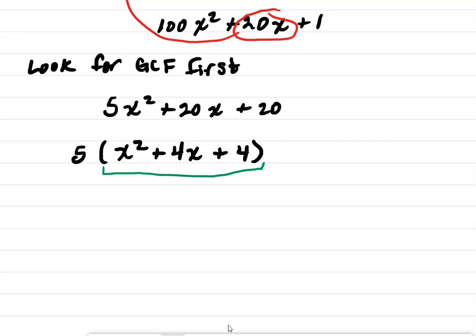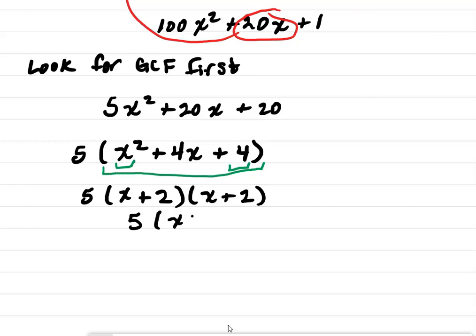So if you notice, we have a perfect square in the front term and a perfect square in the last term. So this would be written as 5 times x plus 2, x plus 2, which would be written as 5 times x plus 2 squared.